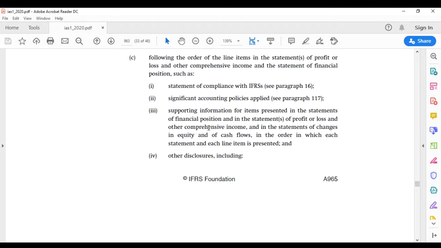If you are using different bases for different categories of assets, then you will start again with the financial statements have been drawn up on the historical cost basis, and then you'll say except for. So let's say you're using the fair value method for land itself. Then you'll say except for land or except for fixed property, which uses the fair value method, full stop.